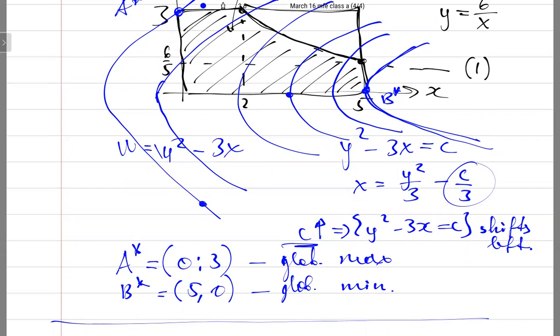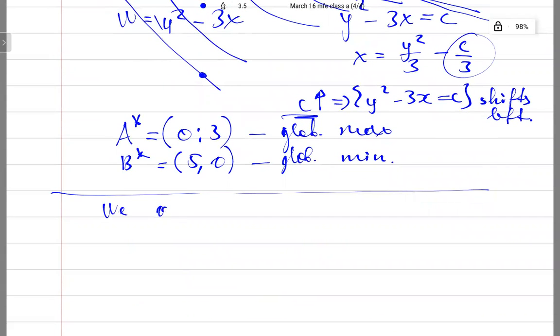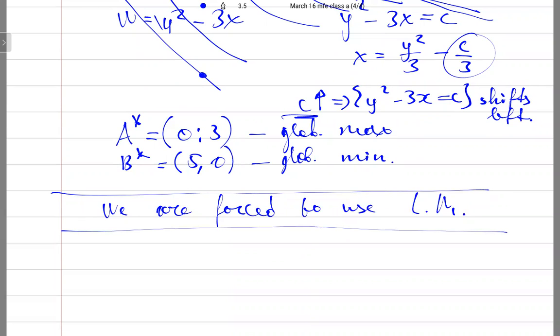Now we know the answer, and we will combine the known answer with the Lagrange method. That's stupid, but we are forced to use it here. There are problems where we are not forced, but it's the unique way to solve them. So it's a very good method, a very good way.